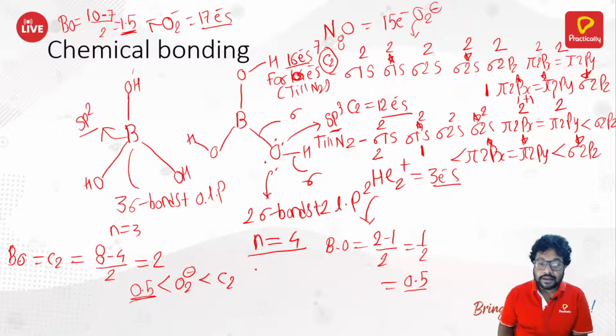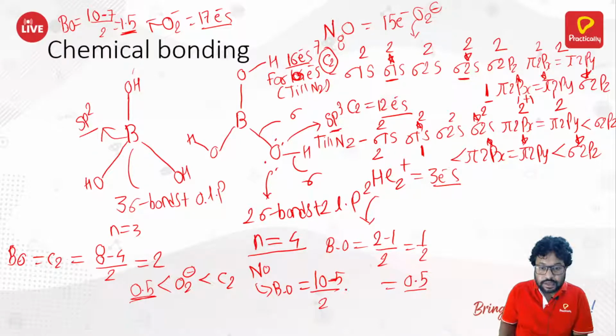So for NO, bond order has to be how much? How many electrons are there in bonding? 2, 2, 4, 4 plus 2, 6, 6 plus this 4, 10. You have 10 electrons in bonding. How many electrons do you have in anti-bonding? 2, 2, 4 plus this 1, 5. So 10 minus 5 divided by 2, which is 5 divided by 2, and it has to be 2.5.